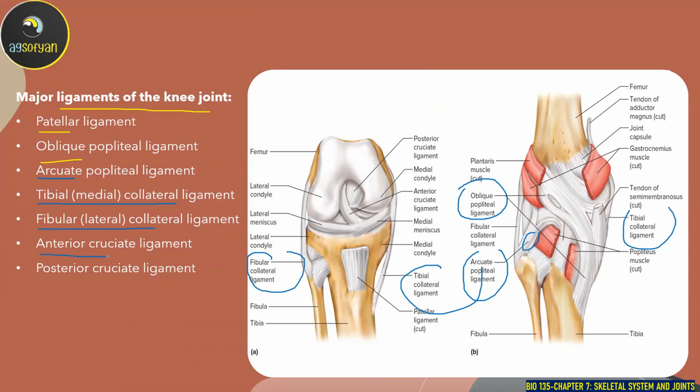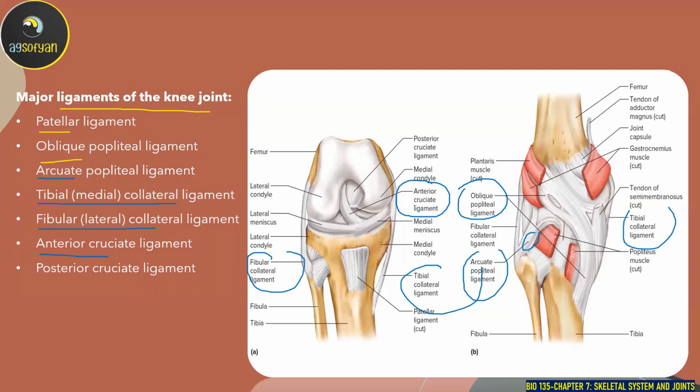There is the anterior cruciate ligament, and this is sometimes the one that is broken when someone plays sports like soccer or kicks balls, because they are using that knee very hard.